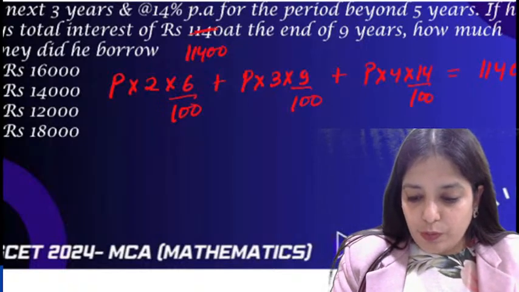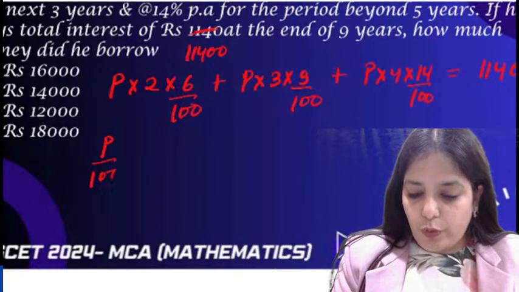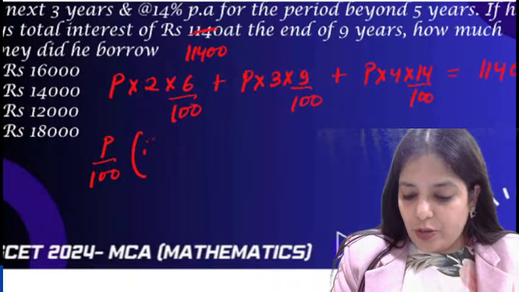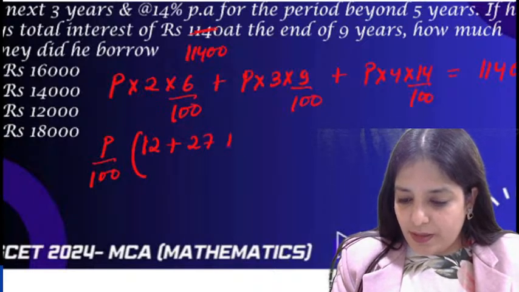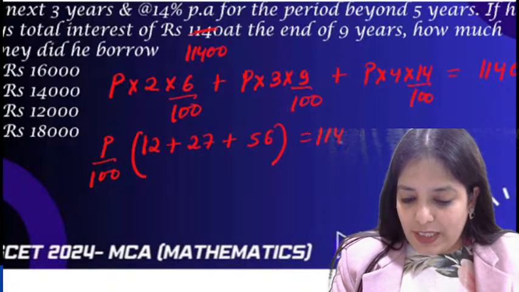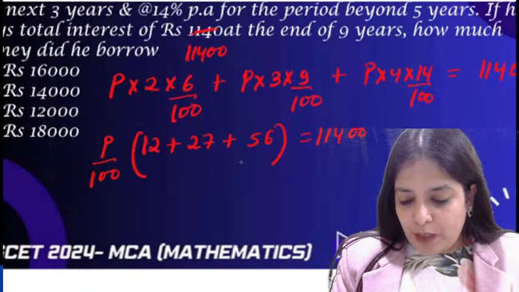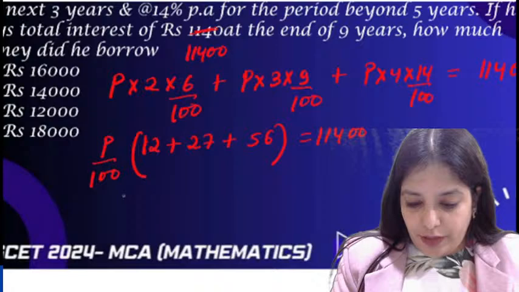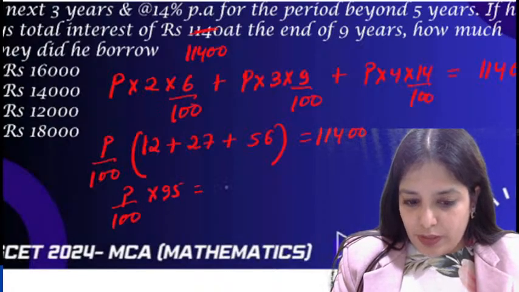So what we will do, we'll take P and 100 common. So what we are left with inside the bracket is 12 plus 27 plus 56, which is equal to 11,400. Quickly added, 12 plus 27, that's 39. 39 plus 56, that is 95. So P upon 100 into 95 is equal to 11,400.